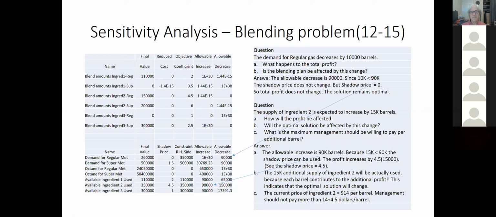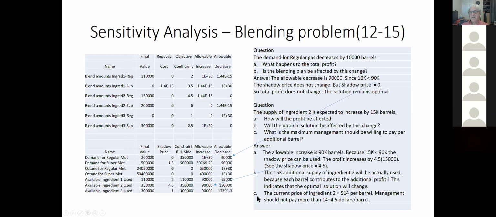That's about this question. I have one more interesting question here. Currently, per barrel, management is paying $14 for ingredient 2. What is the maximum that management will be willing to pay for the additional barrels of 15,000 barrels of ingredient 2?